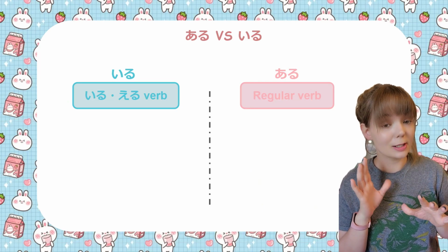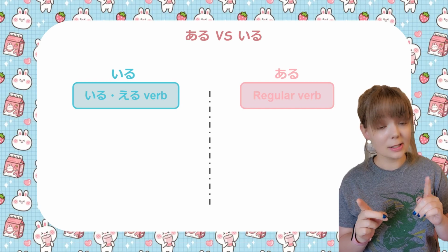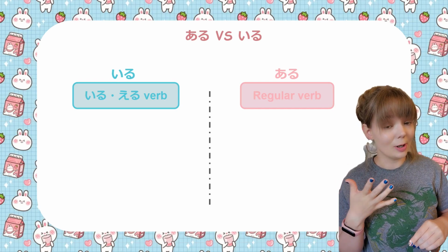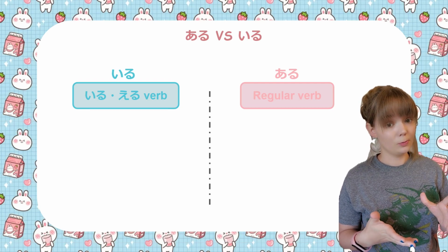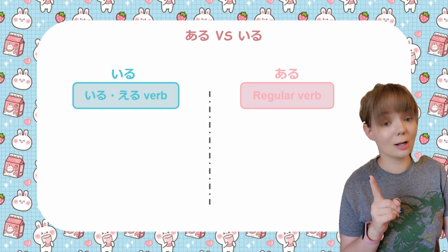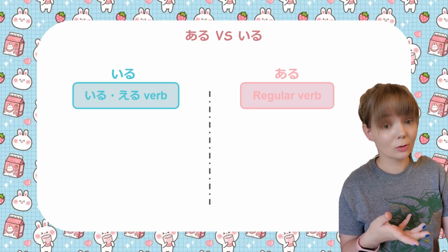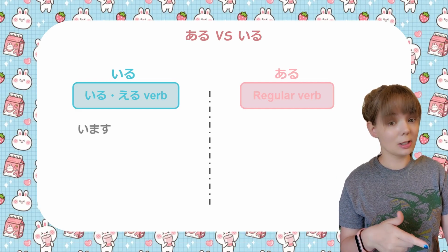For the most part, iru and aru are used in the same way, but iru is an iru, eru verb and aru is a regular verb. That means that they conjugate differently. If I want to conjugate iru, I have to drop the ru and then add my verb ending.